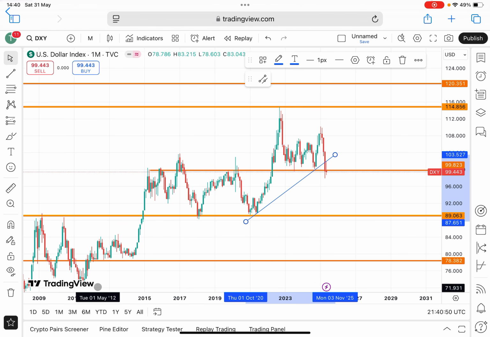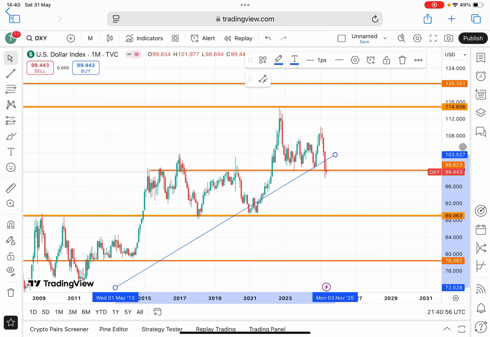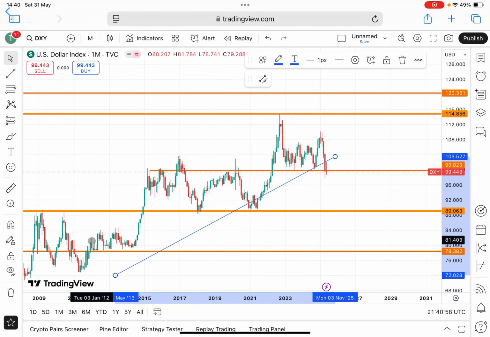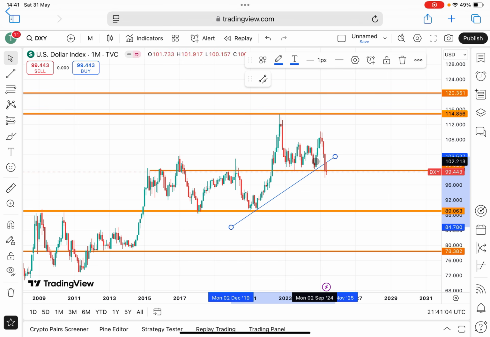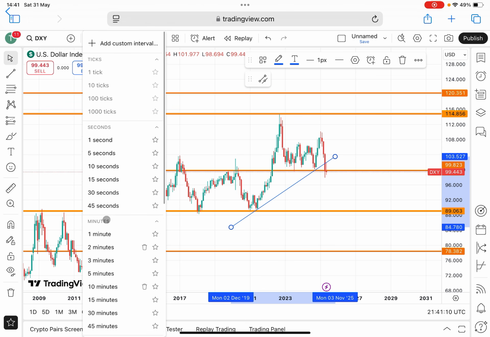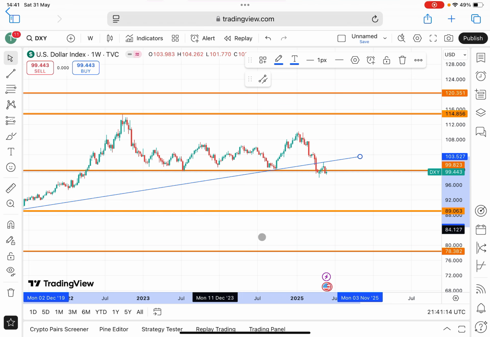This trend line can even go all the way back, as long as it's 2 touches anyway. So there was a touch here, there was a touch here, and there's now a breakout. So let's go to the weekly to get more details.